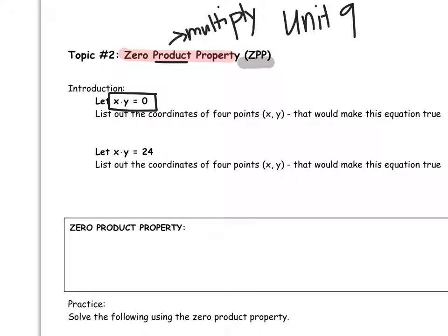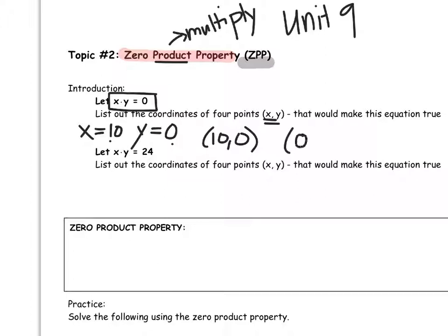I'm going to write a couple. I could have the value of x be 10 and the value of y be 0, and that works because 10 times 0 is 0. How I'd write my answer is as a point, (10, 0). Let's think of some other values. We just need an x and a y that multiply to get 0.